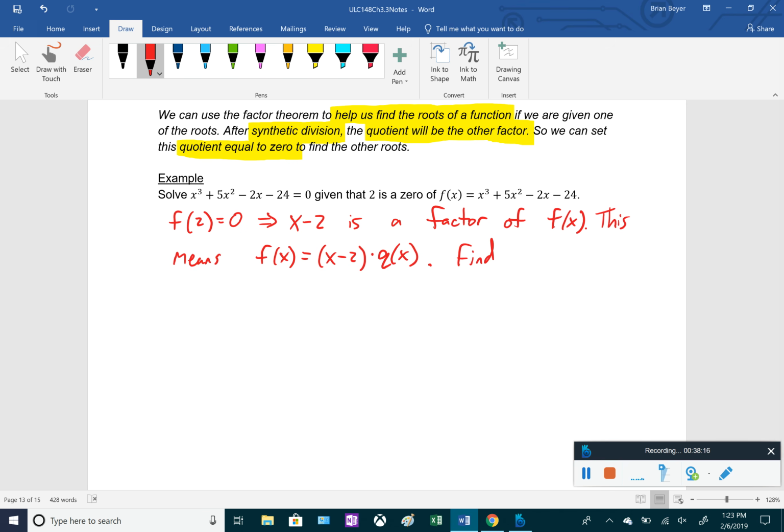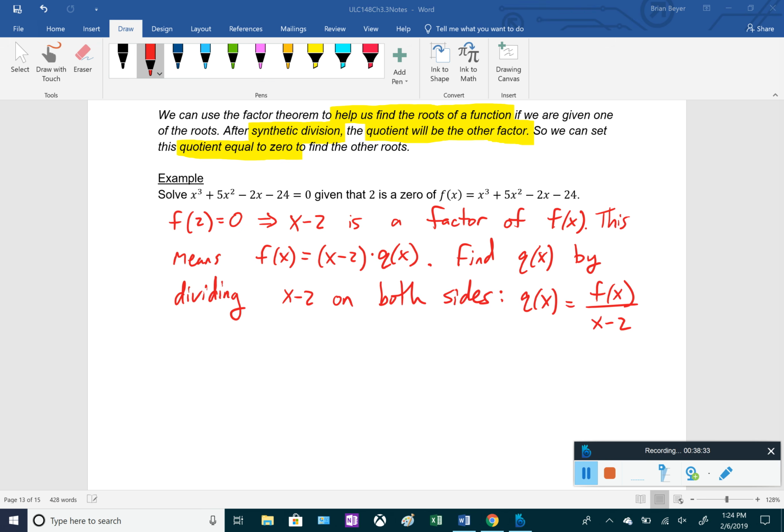And we can find that q of x by dividing x minus 2 on both sides. So we can find it by dividing the x minus 2.